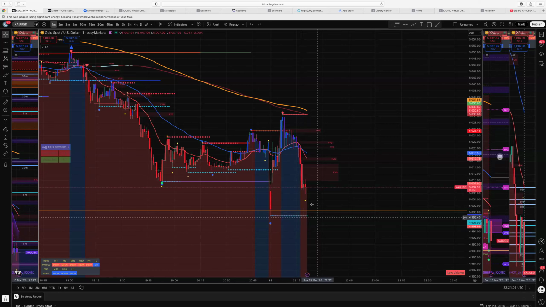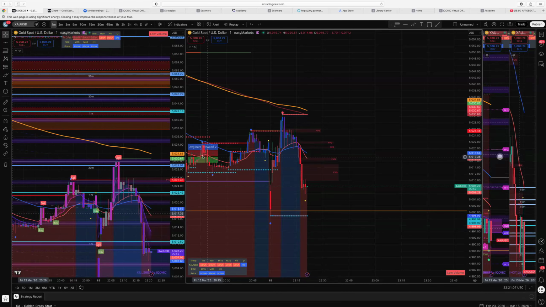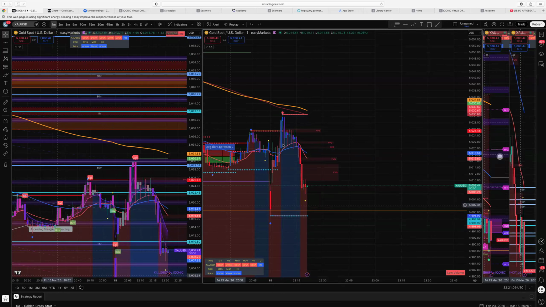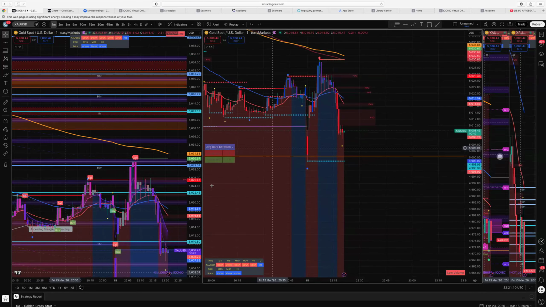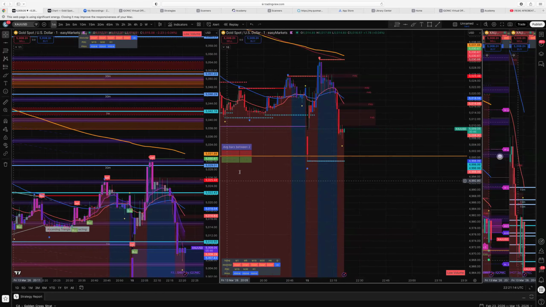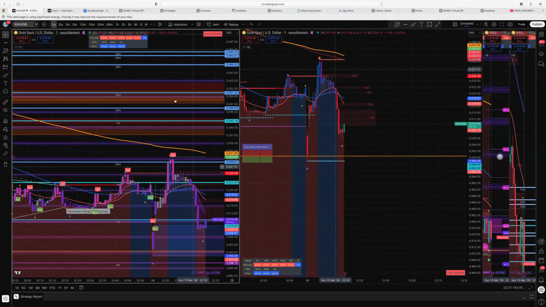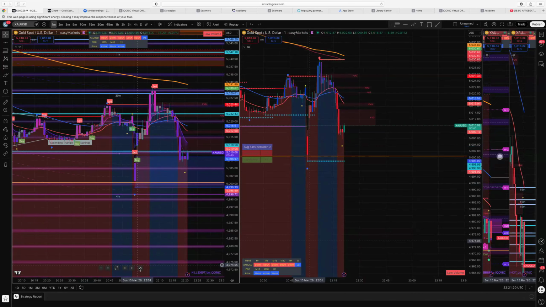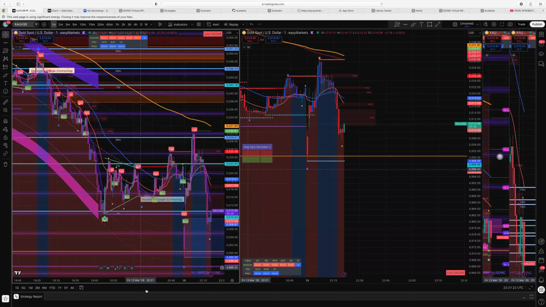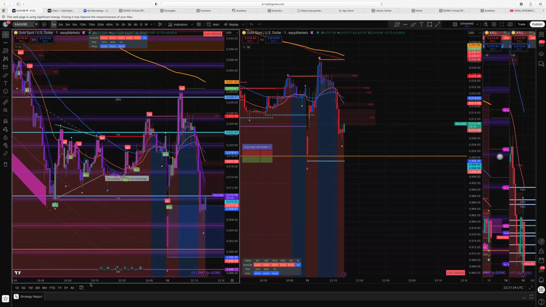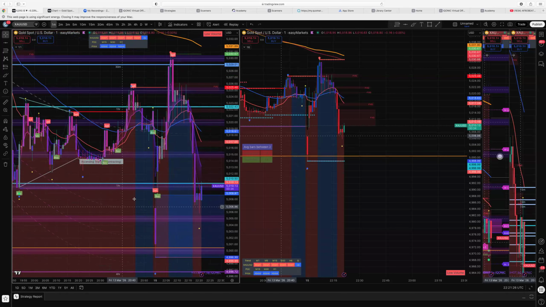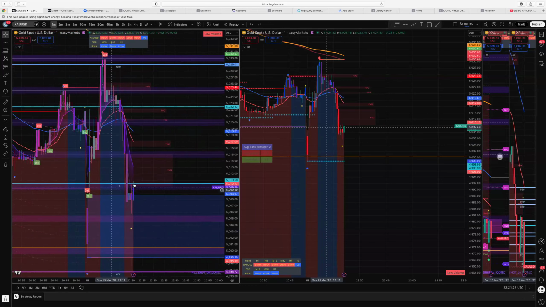I do think there's a huge possibility that we could be going down to this zone. We might, after a pullback, maybe. Let's just see. We've just broke this hour here.